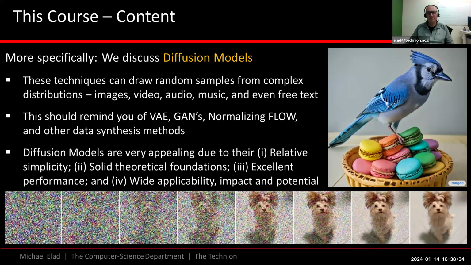Diffusion is very much different. Diffusion has lovely theory behind the scene. And this is something that I find most appealing. Excellent performance. These are the best generation or synthesis algorithms these days, and they have wide applicability. They can be changed and warped towards all sorts of subtasks, as we will be showing carefully during this course.